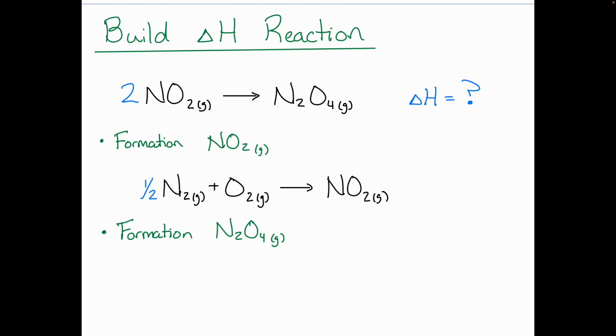I'm going to do the same thing for the product, the dinitrogen tetraoxide. Again, all of the elements in my compound on my reactant side in their standard state, so again, that's N2 gas and O2 gas.